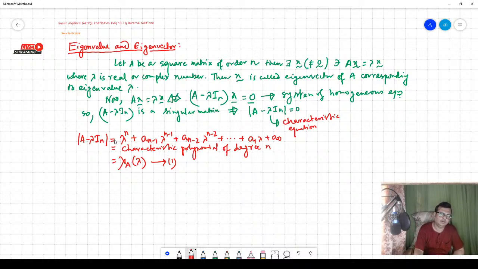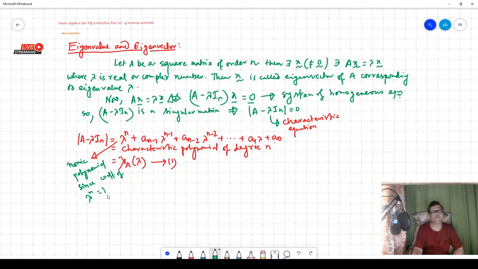This is a monic polynomial, since the coefficient of lambda to the power n equal to 1.